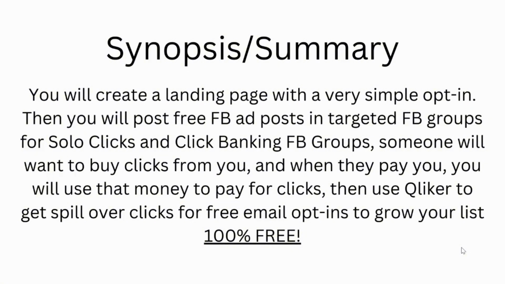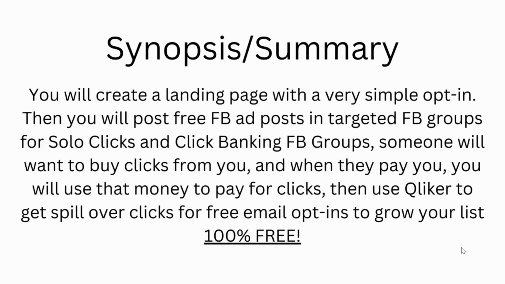Now, our job to build our email list for free is that we are basically becoming the solo ad seller with the huge email list already, or appear to be that we have a huge email list already. And then we just be the middleman for providing clicks to the person that wants to buy clicks from us.